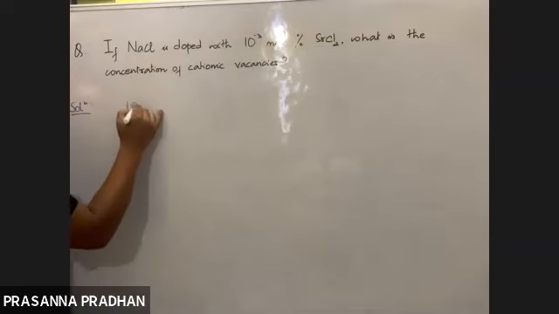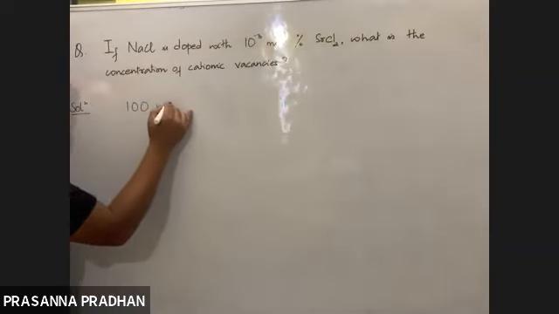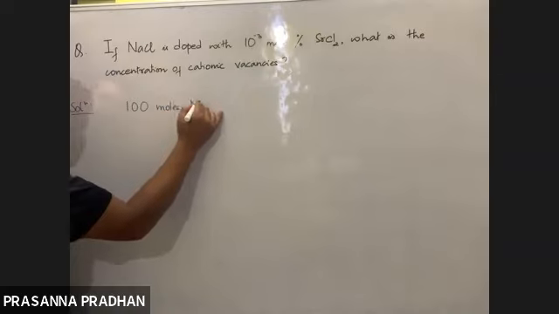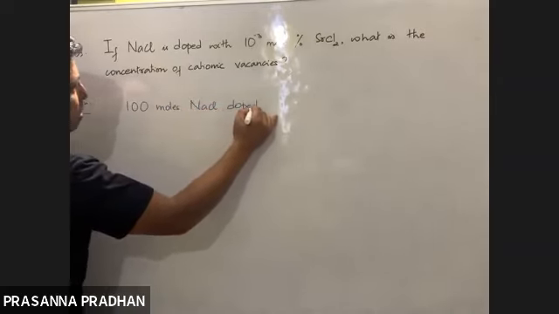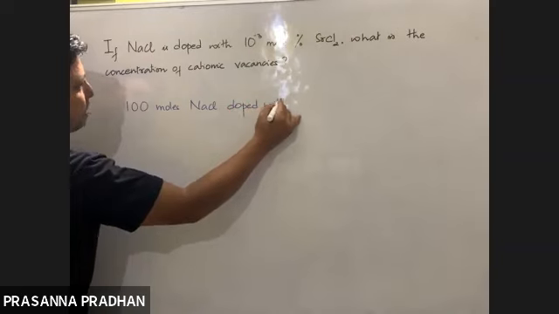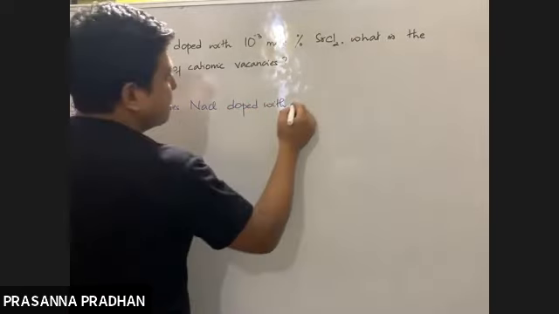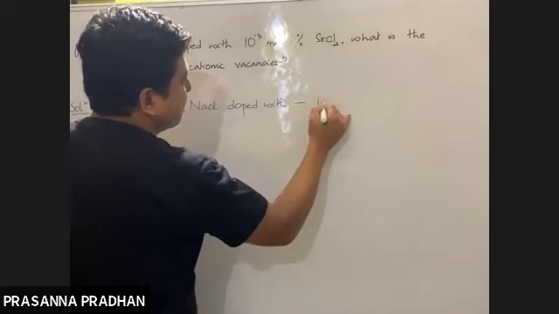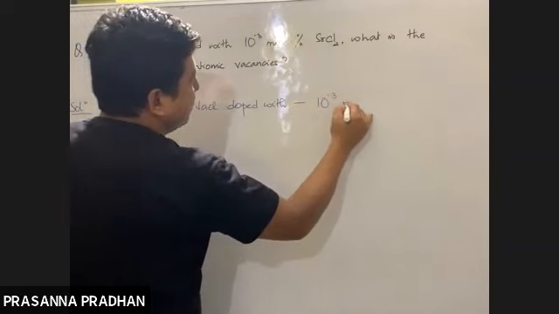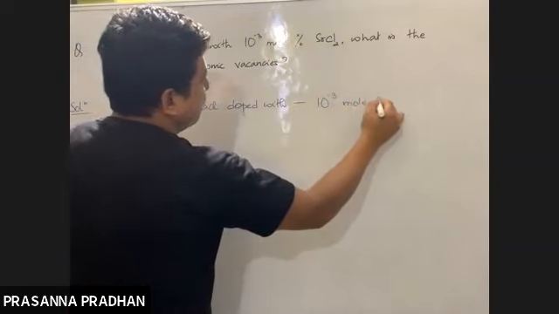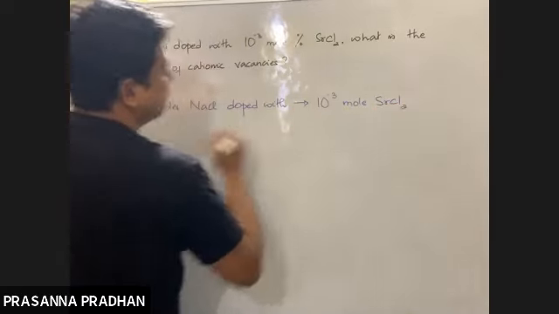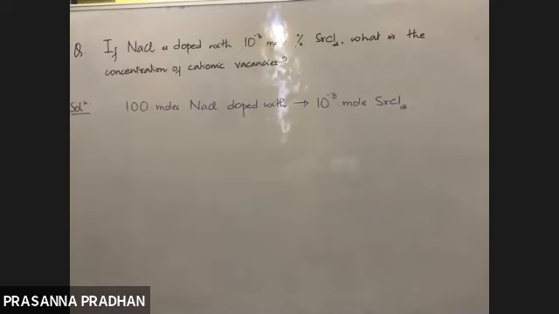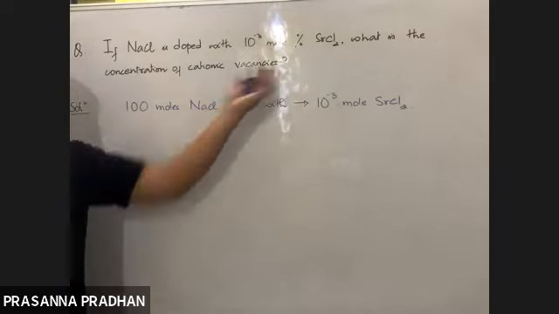This means that 100 moles of NaCl is doped with 10 to the power minus 3 mole of strontium chloride. इसका मतलब ये. 100 mole percent, इसलिए मैंने 100 लिया.